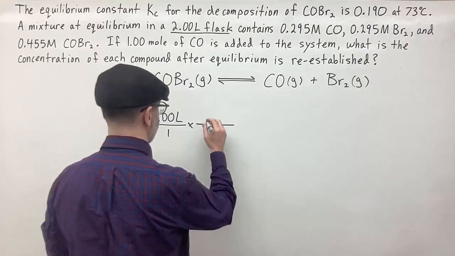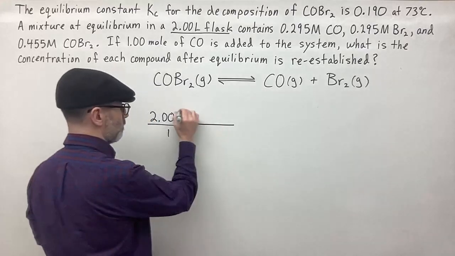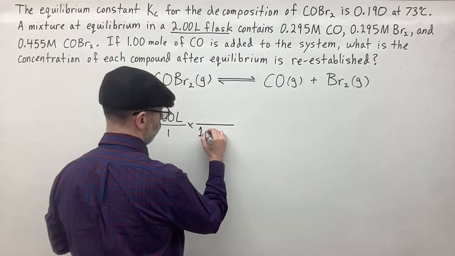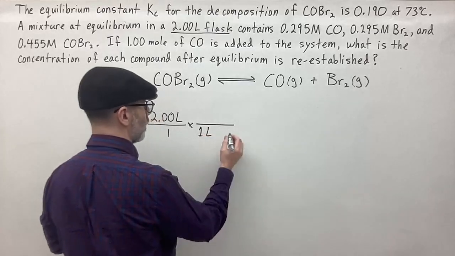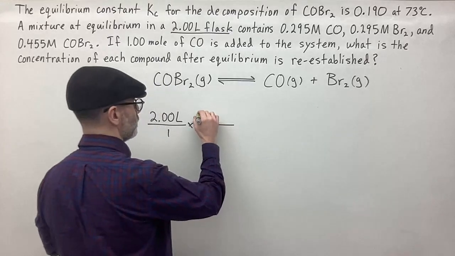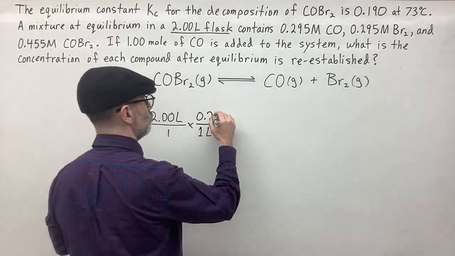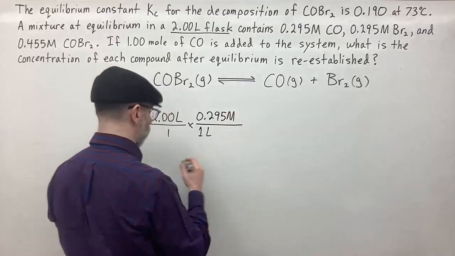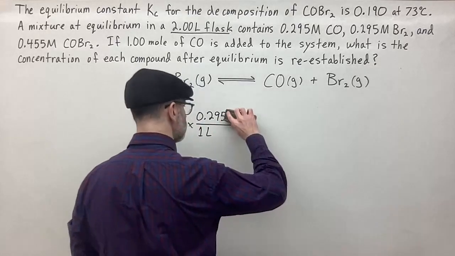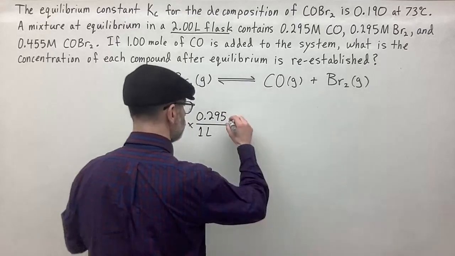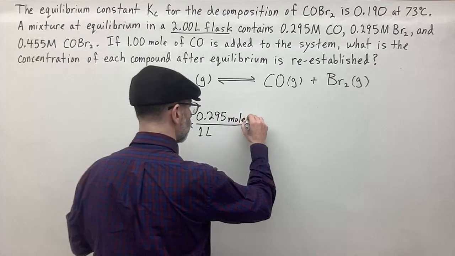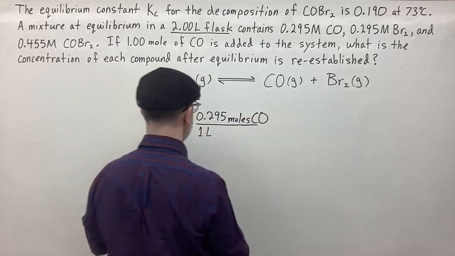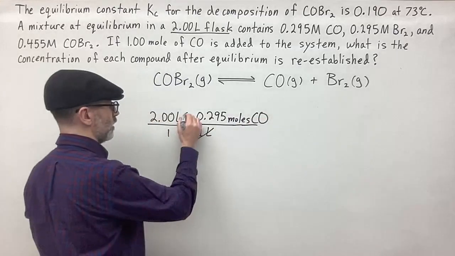So then I have liters on the top here. I'm going to cancel them out. I'm going to put 1 liter on the bottom, and I'll have 0.295 moles of the CO. And so liters are going to cancel out.